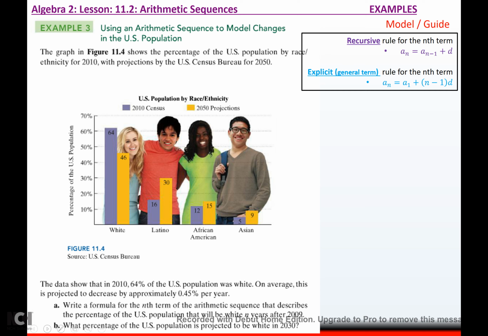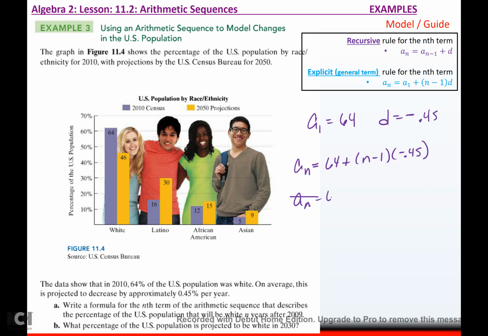Okay. So we need a common difference and we need a starting point. Well, it's starting at 64%, and the common difference is it's going down by 0.45% every year. So to write my explicit formula, I have A sub n equals A sub 1 plus n minus 1 times negative 0.45.